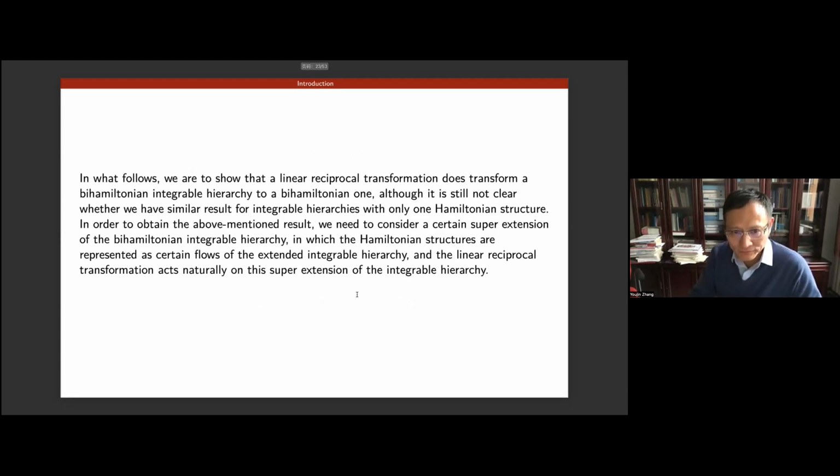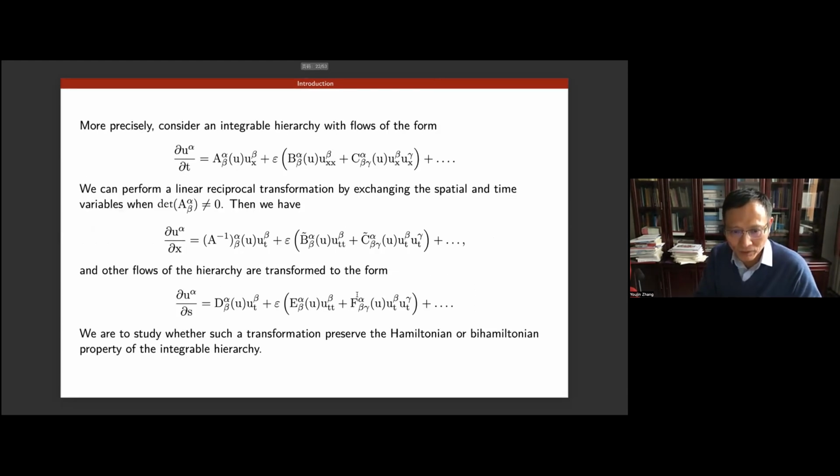This kind of problem, even in the simplest case, where we have only one unknown function, so n equals 1, is still non-trivial, because we don't have a natural or canonical way to construct the bihamiltonian structure of the transformed system.